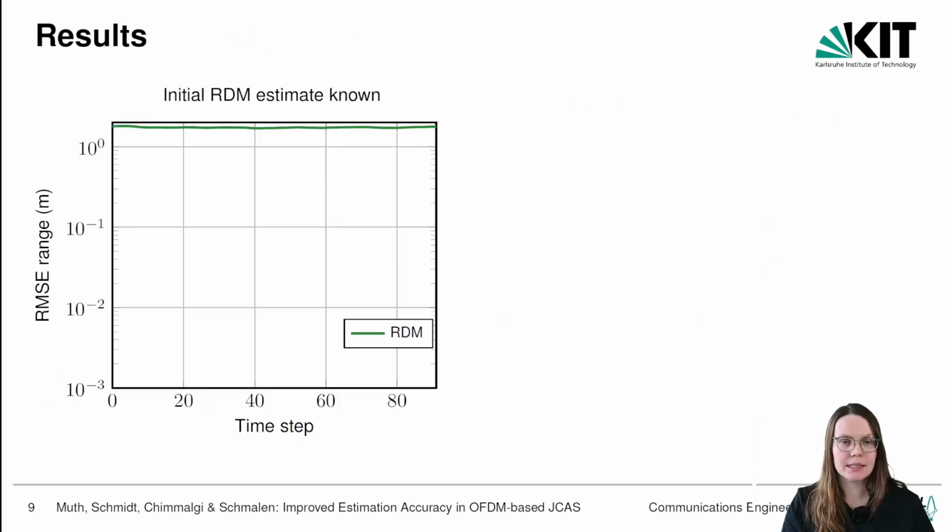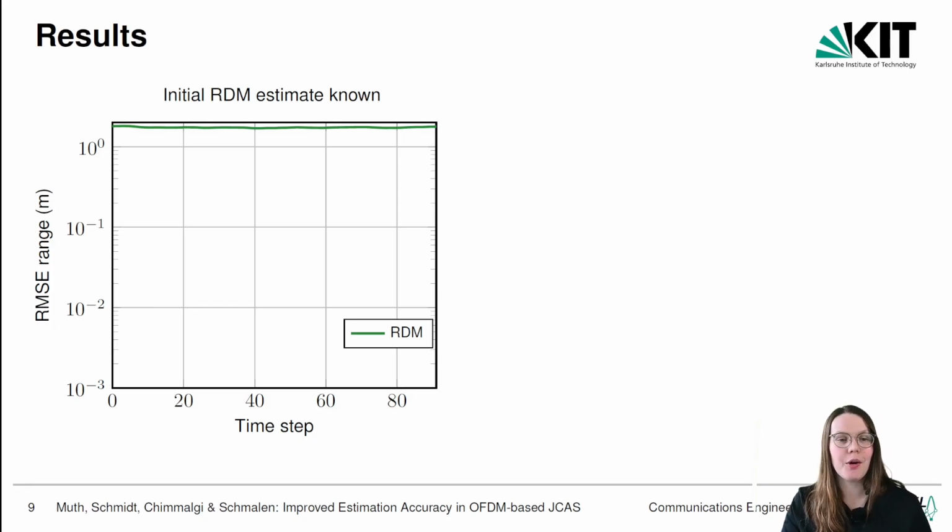Then let's look at our results. You can see here results where we know the initial estimate based on our native resolution range Doppler matrix, which means RDM here, the green curve, is just doing the estimation as shown in the first slides.